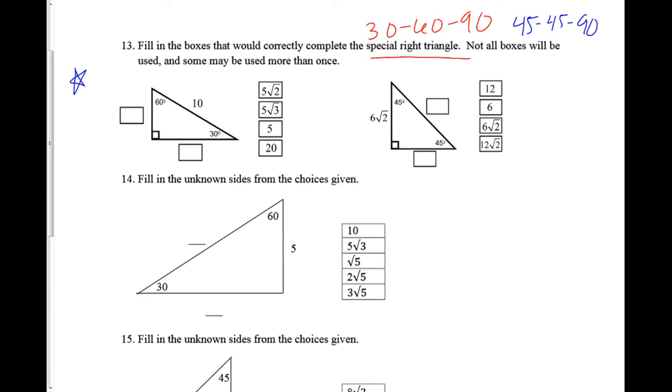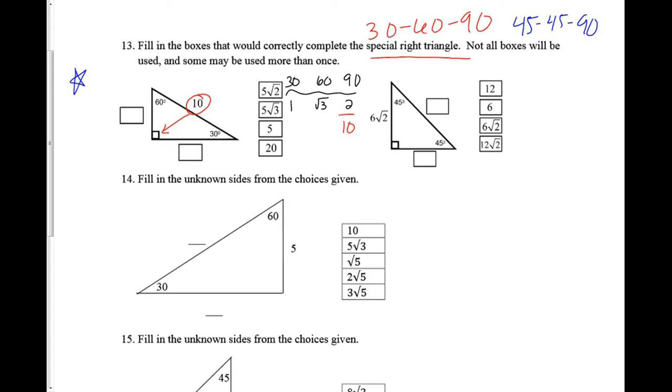So the ratios for a 30, 60, 90 triangle: under the 30 is 1, under the 60 is the square root of 3, and under the 90 is a 2. Now I'm going to place what I know, which is this 10, and it is across from the 90. So I will put that under the 90, making a fraction with the 2.